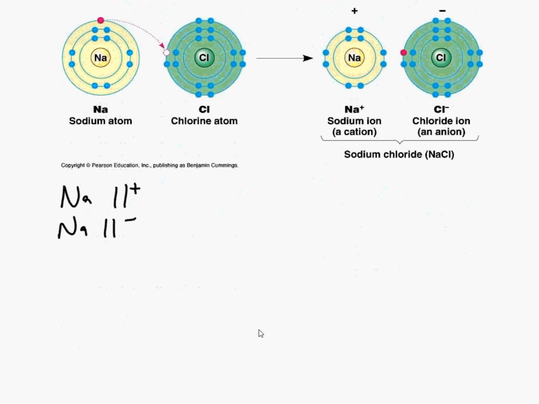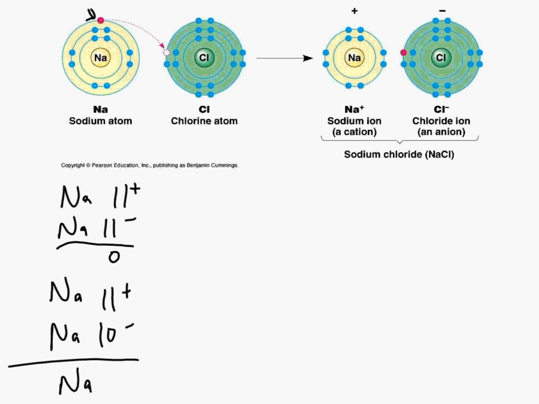Well, one of those electrons is a valence electron. It doesn't want to stick around. And so when that electron leaves, all of a sudden sodium has 11 protons still, but only has 10 electrons, so sodium has a +1 charge.